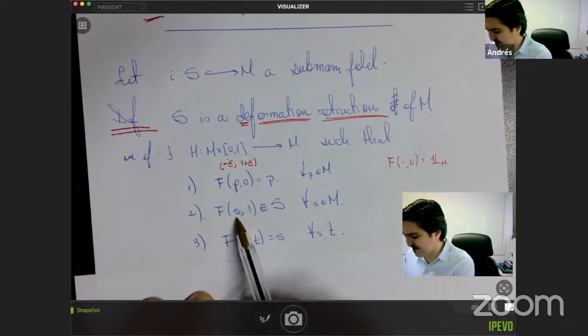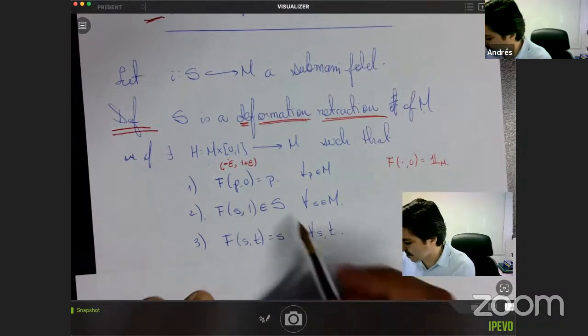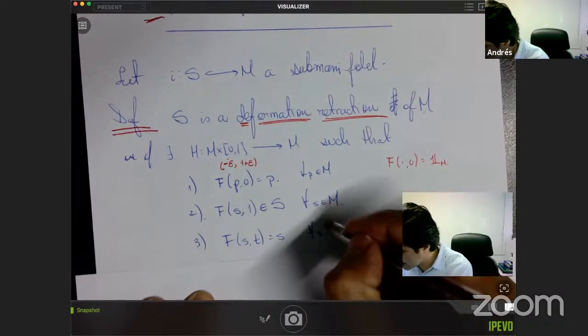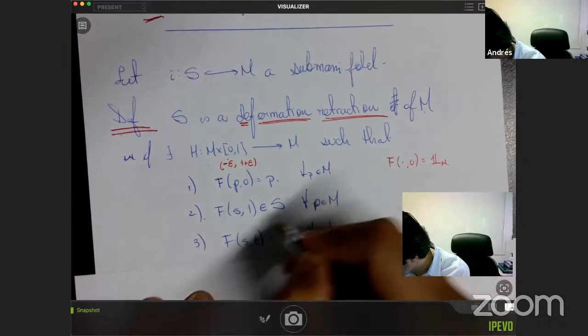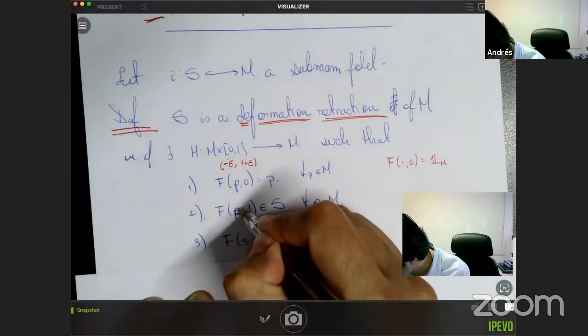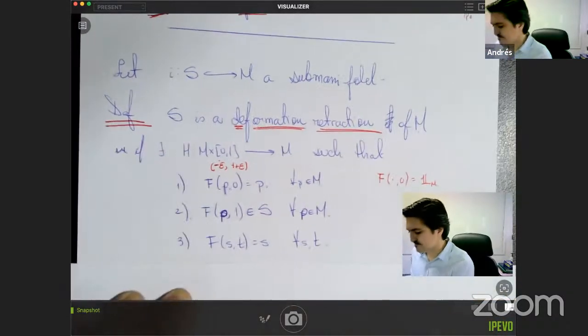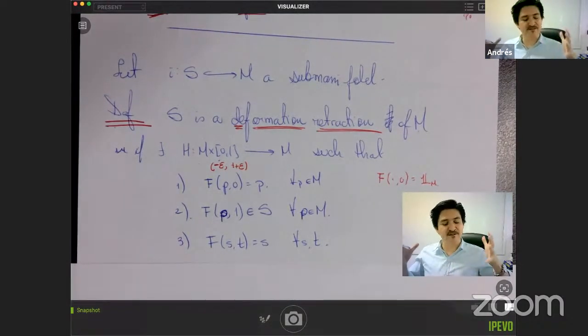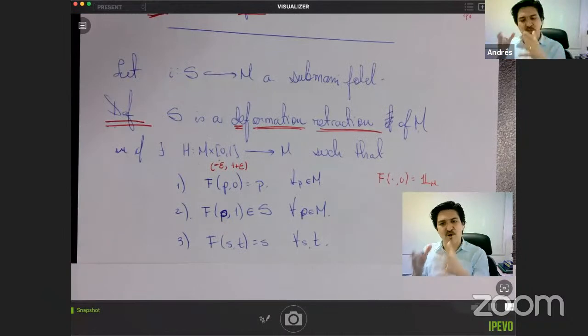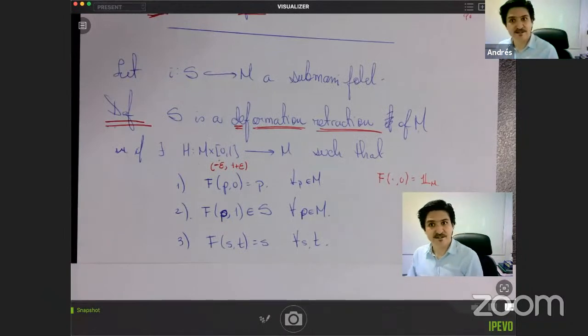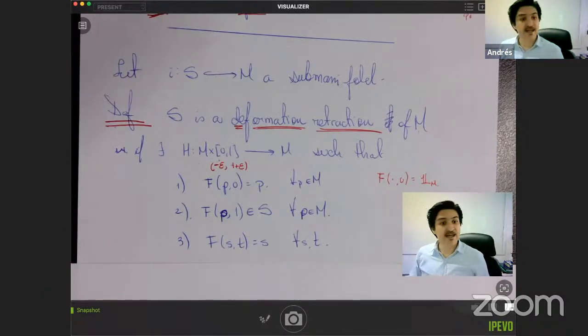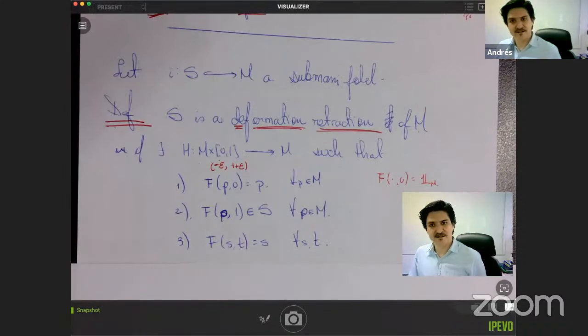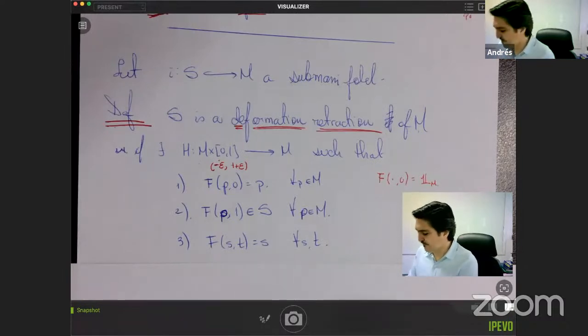I got confused because I thought it was only on S, sorry. Remember, S is in P. The second point means that everything has to lie in the small set at time one. And the third one is saying that at every point, S doesn't move.